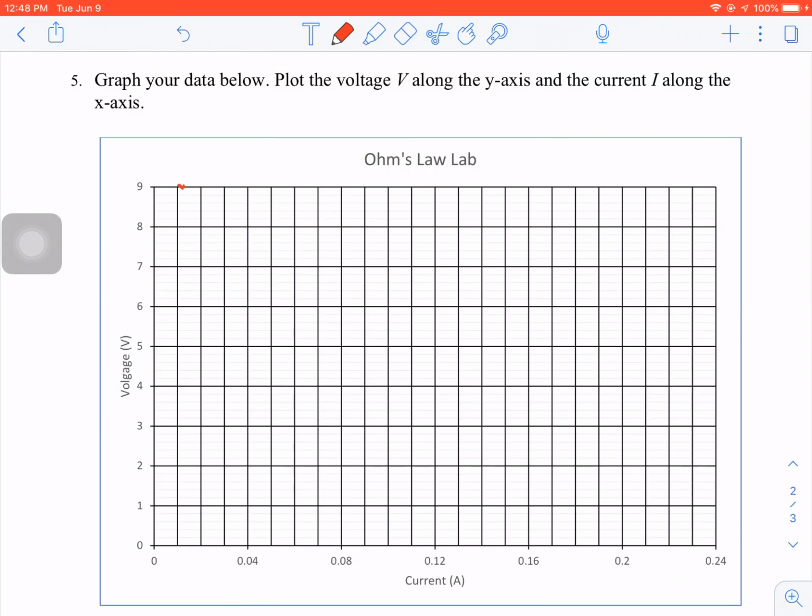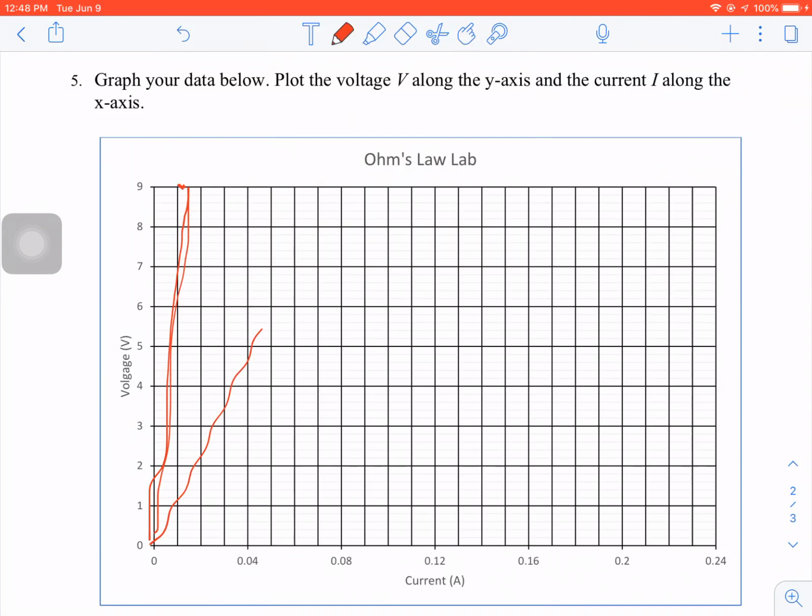and I'll end up with a graph that ultimately, I don't know if I can draw a straight line on here. There's probably a way to get a straight line. Anyway, I'm going to need a straight line that's basically going to go along that way. Then I'm going to look at my 400 ohm graph data, and I should end up with a graph that's going to look something like that.